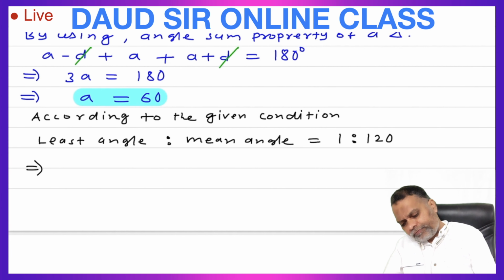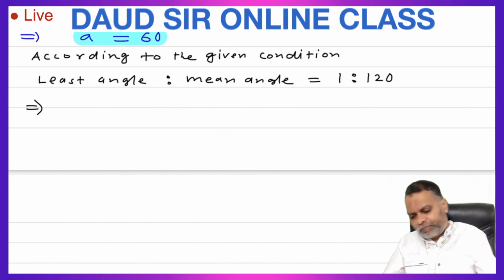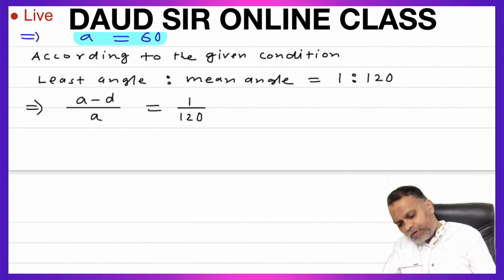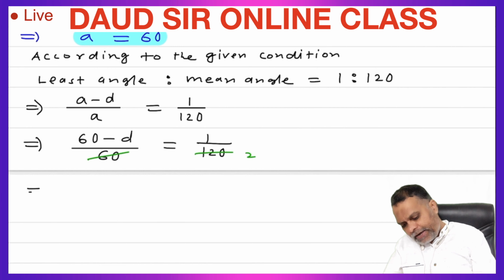So least angle here is A minus D and mean angle is A. So A minus D upon A is equal to 1 upon 120. We have the value of A, 60 minus D upon 60 is equal to 1 upon 120. This 60 by 120, which implies 60 minus D is equal to 1 upon 2.